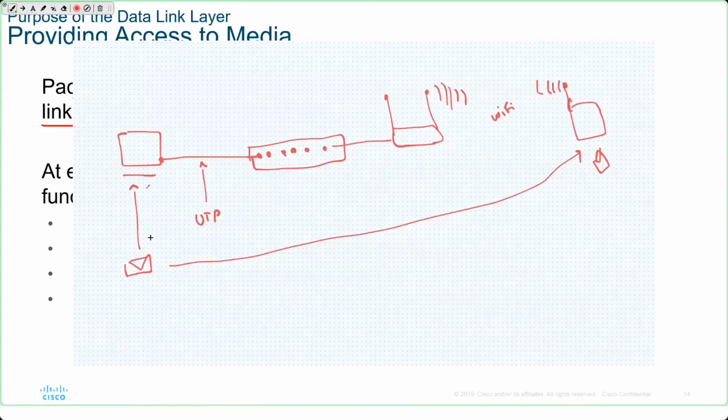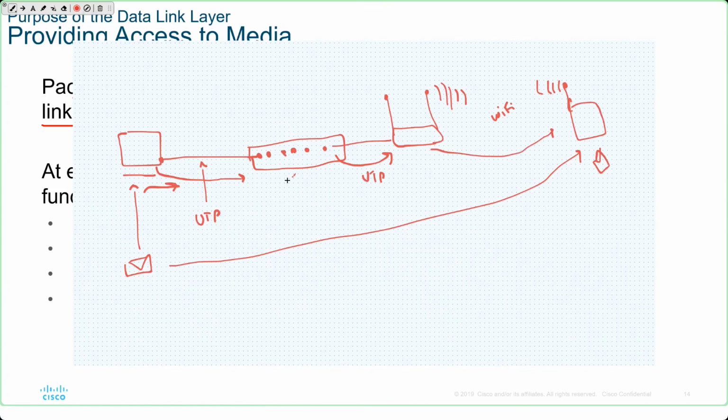It means that your packet, when it is traveling from its source to destination, is transitioning through different media. Sometimes it's going through copper cable using UTP. Maybe it's UTP here as well. But after here, it is using Wi-Fi, and eventually it reaches its destination.